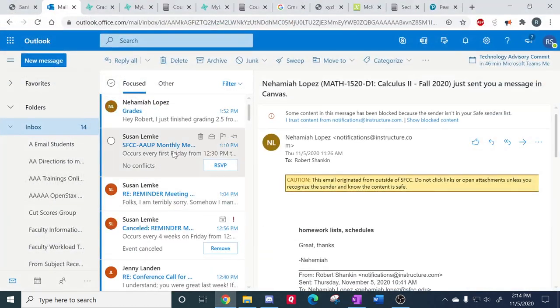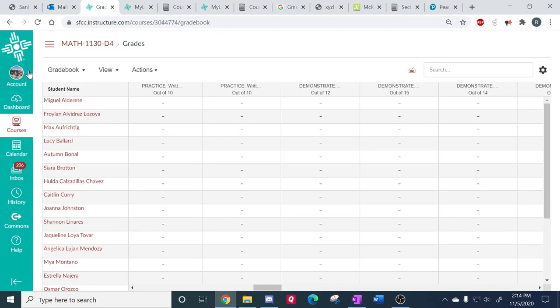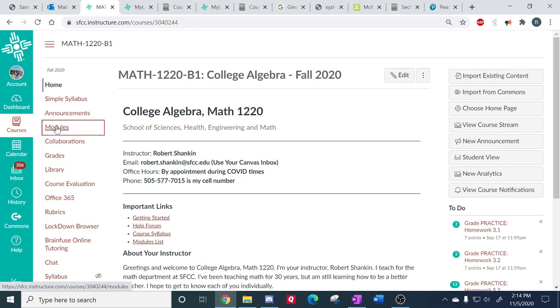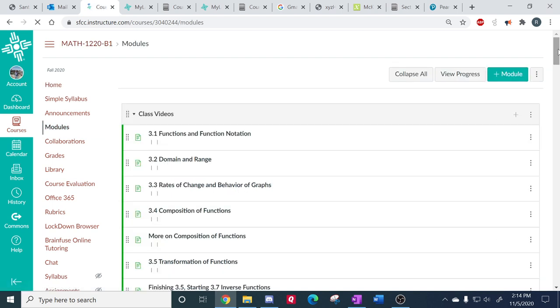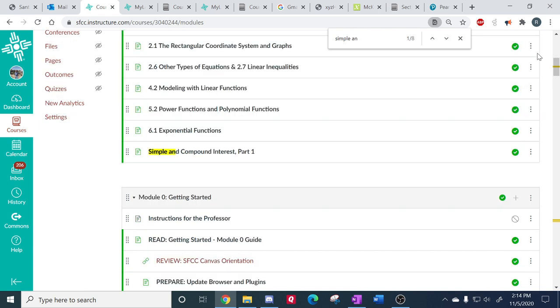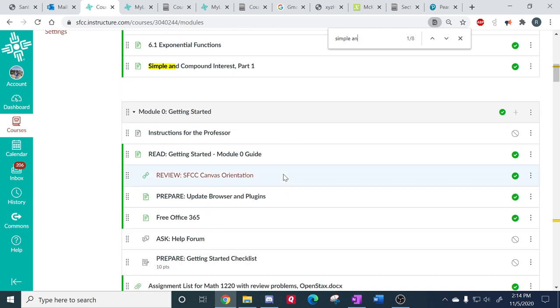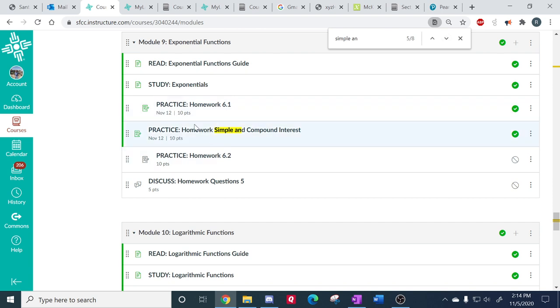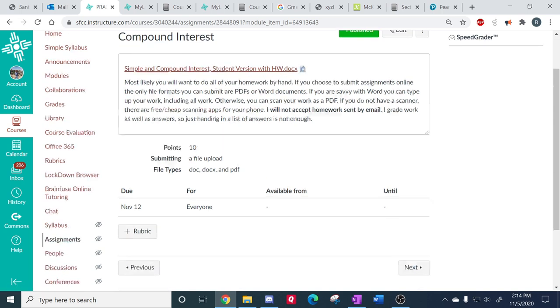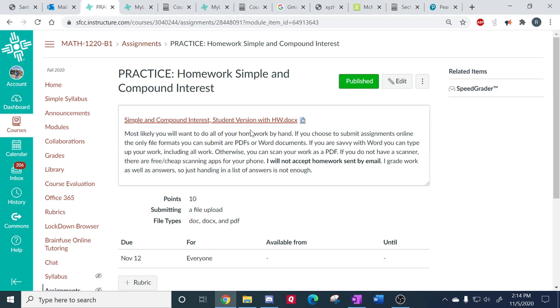Instead, I want you to look at this assignment in the modules. So when you go in here, in the modules, simple and compound interest, here it is. Simple and compound interest, and then here is the worksheet, and it's replacing a textbook section.